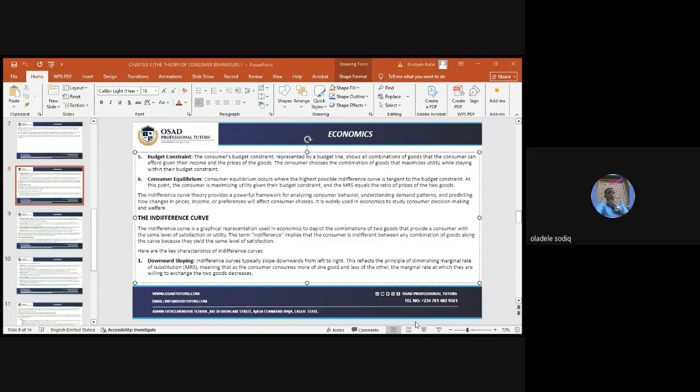And what is marginal rate of substitution? It means that the consumer consumes more of one good and less of the other. Did you get that? So if you are taking two bottles of Coke, probably you are taking less of what?